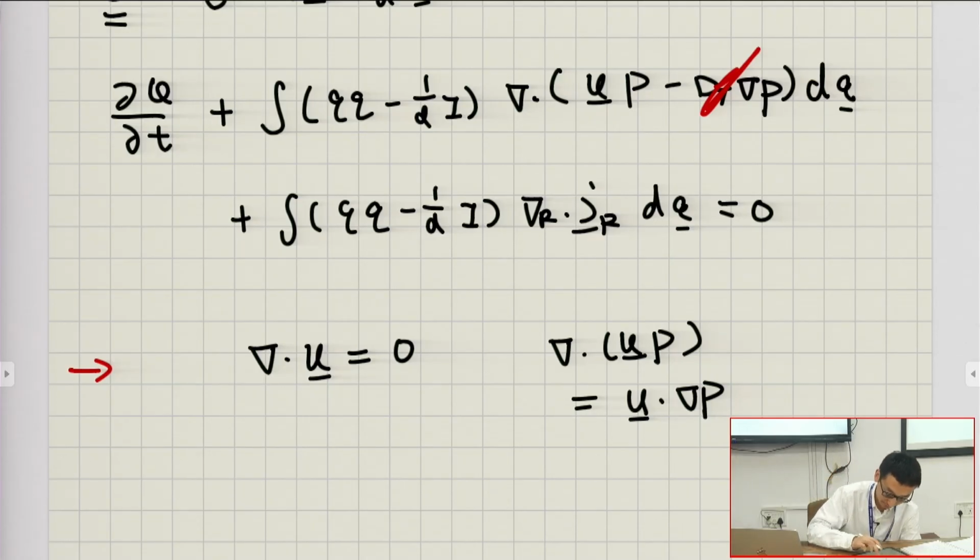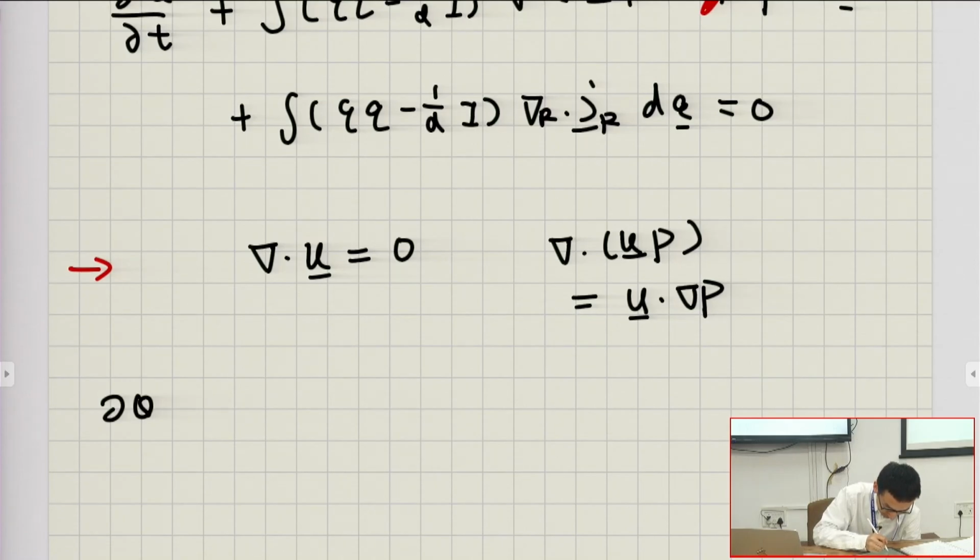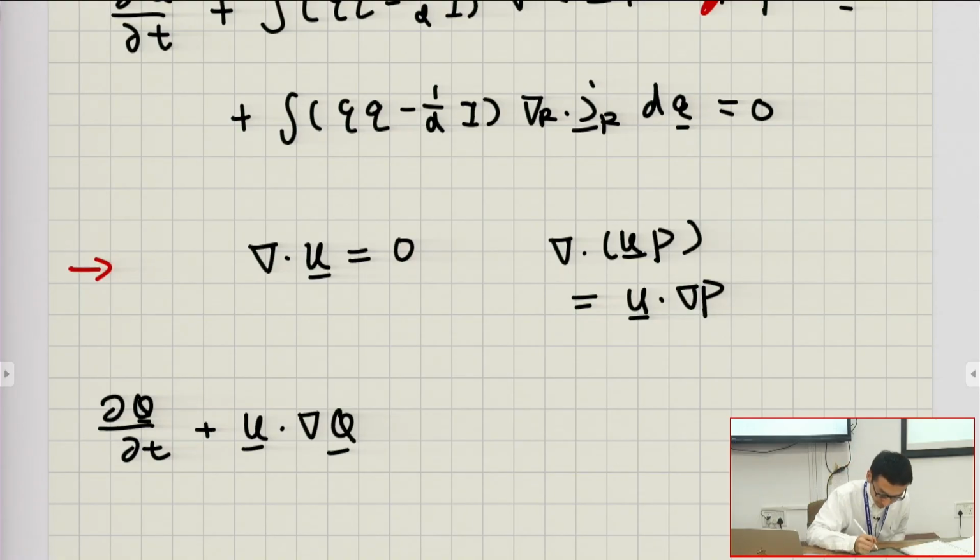Good, so we have U dot grad Q. And this other thing, I don't even want to bother with doing this integration. I just call that minus S, which you can compute if you want. But we're not done yet.